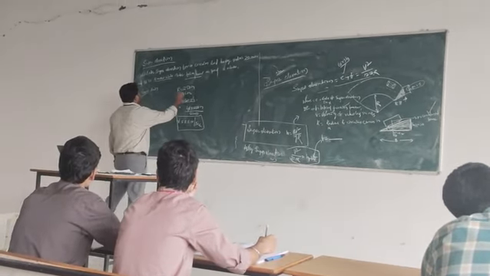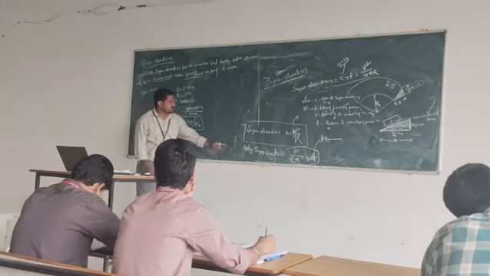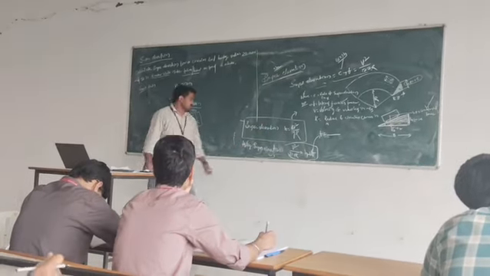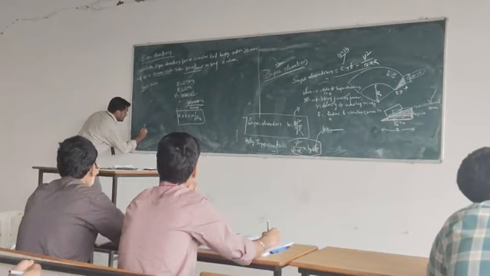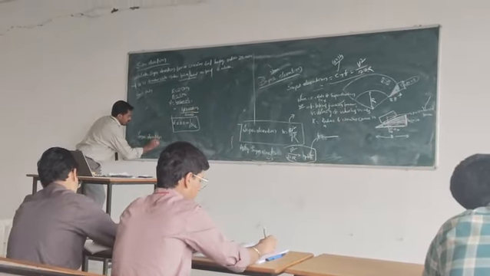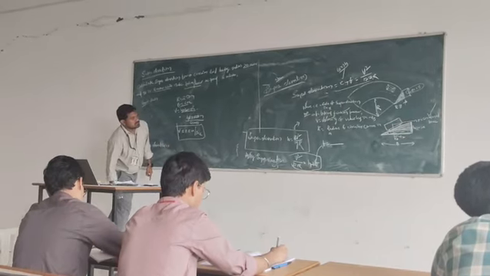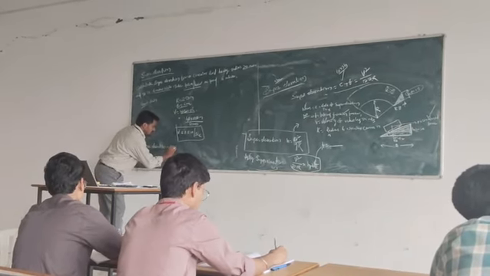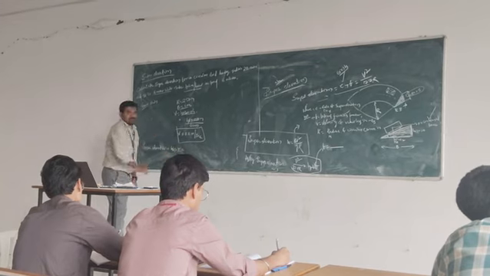So what is the formula now? Superelevation. H is equal to E, both are the same.